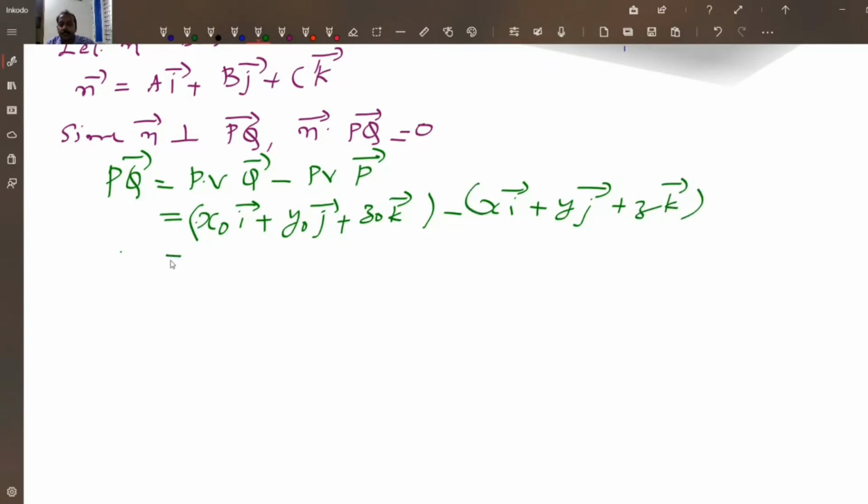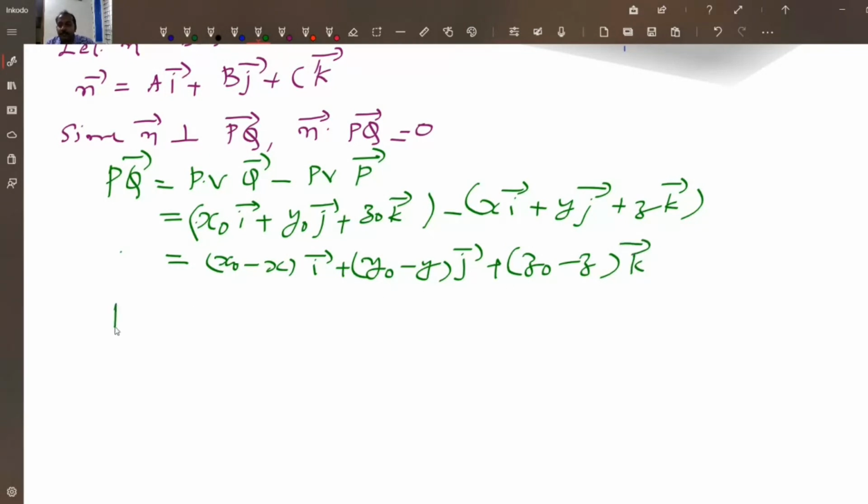So this is equal to, that is what we require, x naught minus x into i plus y naught minus y into j plus z naught minus z into k.